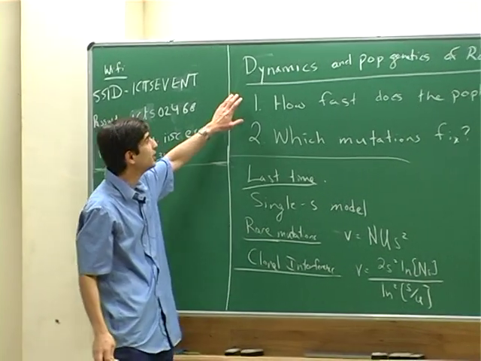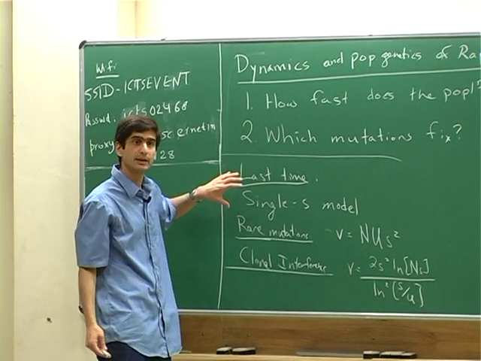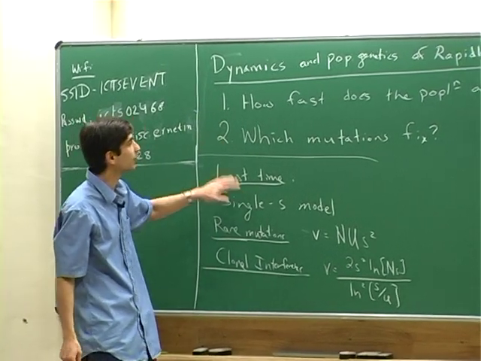But within this model, we couldn't really talk about which mutations fix because there's only one kind of mutation. So of course, all the mutations that fix are of this type.